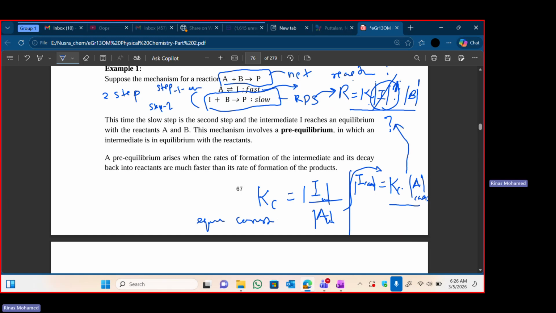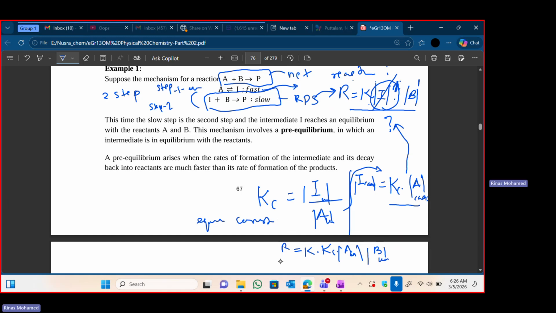Now how am I going to replace that one? R equals K into, instead of I's concentration, I can write Kc into A's aqueous concentration, and I replace this I, then the remaining part is B's concentration.